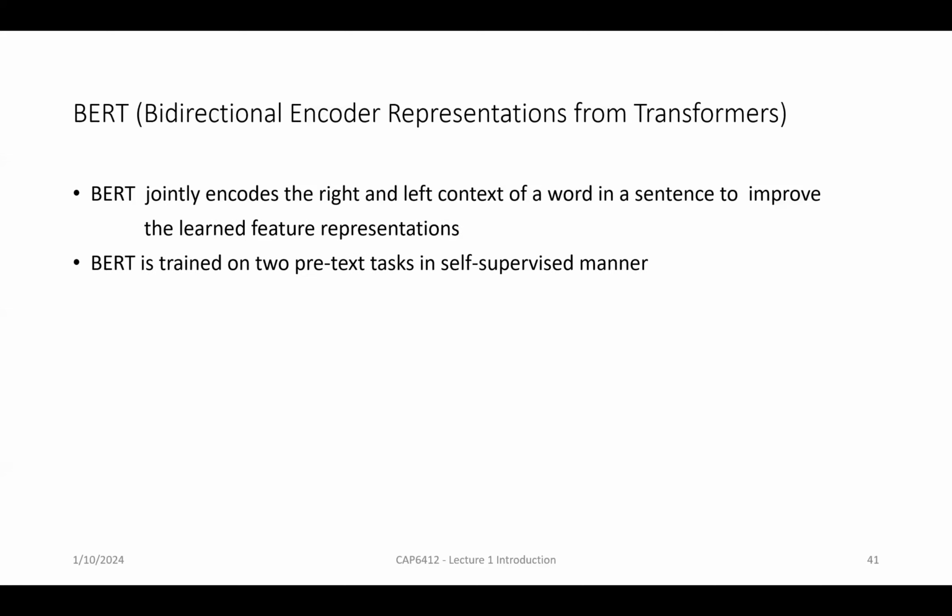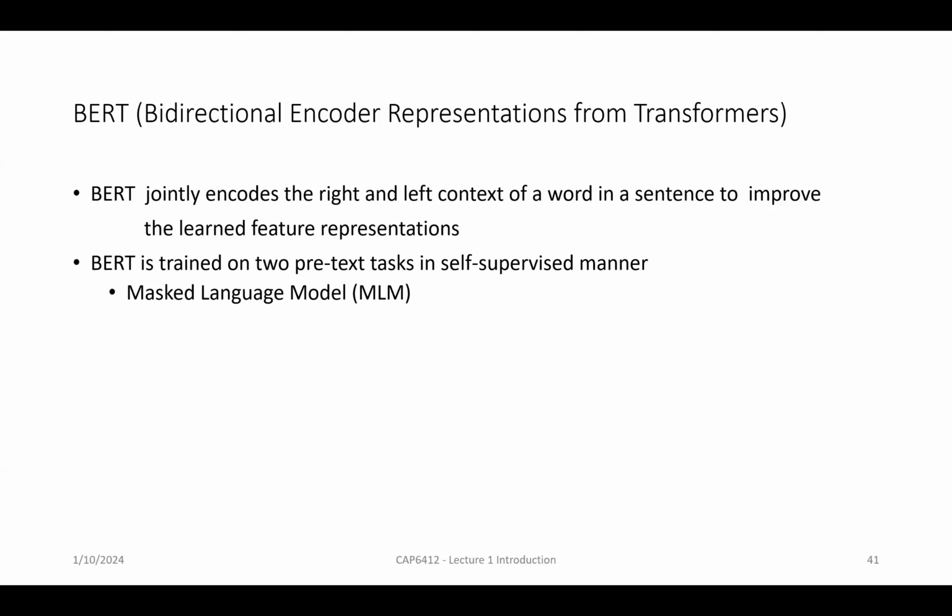BERT is trained on two pre-text tasks in a self-supervised manner. One is masked language modeling, and this is a very important concept. We are going to take a sentence, remove some of the words, and have the transformer predict what those words should be. Since we know the words we have removed, we know what they should be.